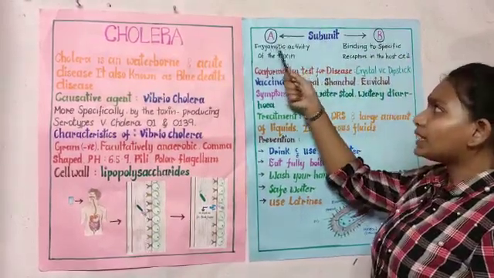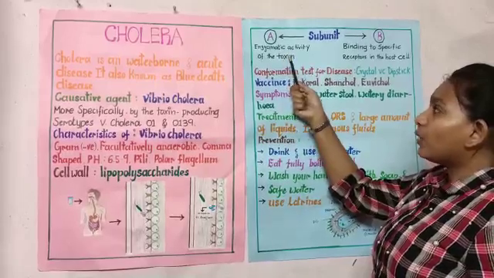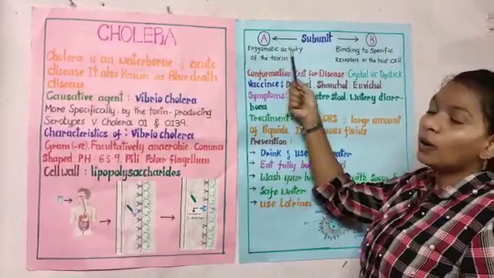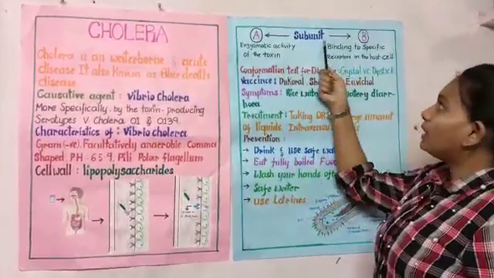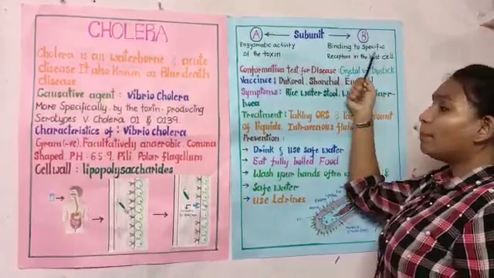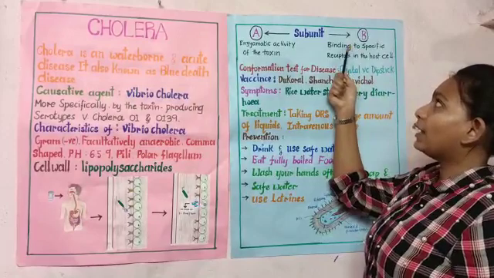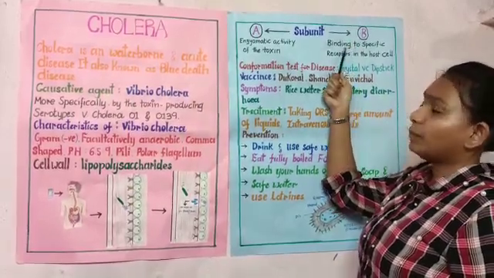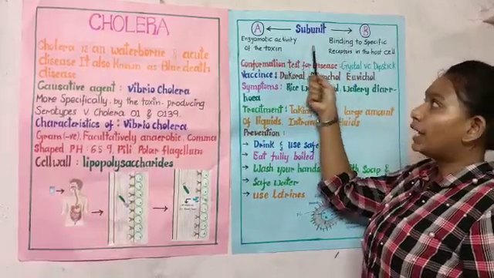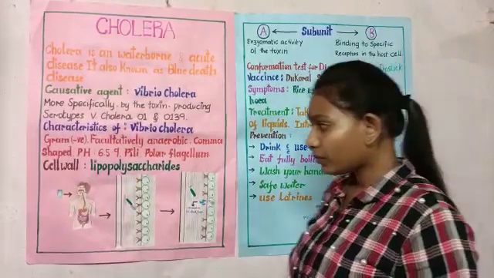Subunit A cannot bind to the specific receptor in the host cell. Subunit B can bind to the specific receptors, but it cannot give the toxin because it is a non-toxic B subunit. So they both work together as a team to produce disease in humans.